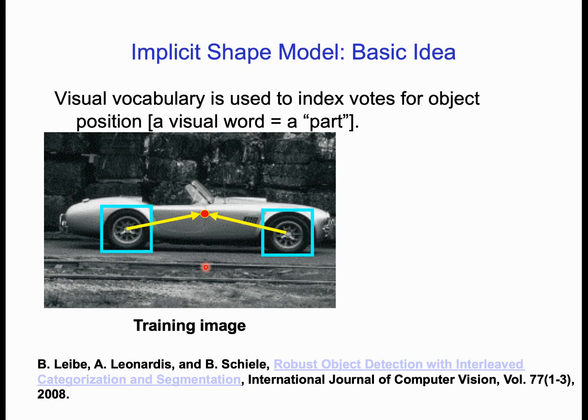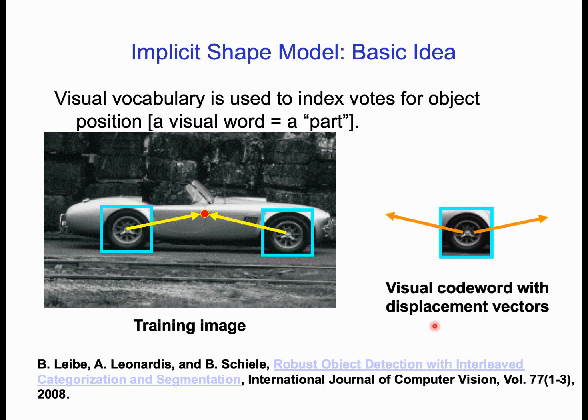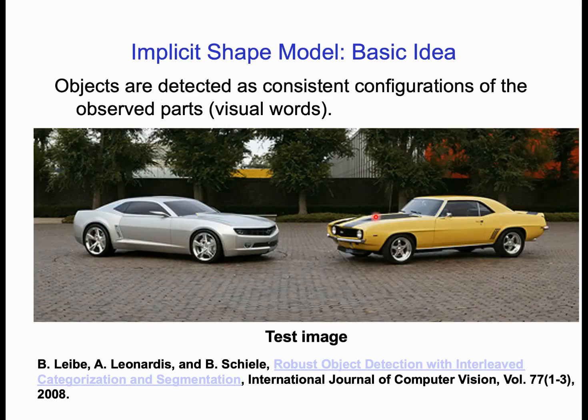In a sense, I wouldn't know if this is the front wheel or the back wheel, but it doesn't matter because I can simply say, let's encode with this wheel two directions that are possible locations of the center of the car. Whenever I see this visual code word, it will encode a displacement vector to the center. So I can simply go through the image, run my detector, find the wheels, and each wheel basically gives me two directions.